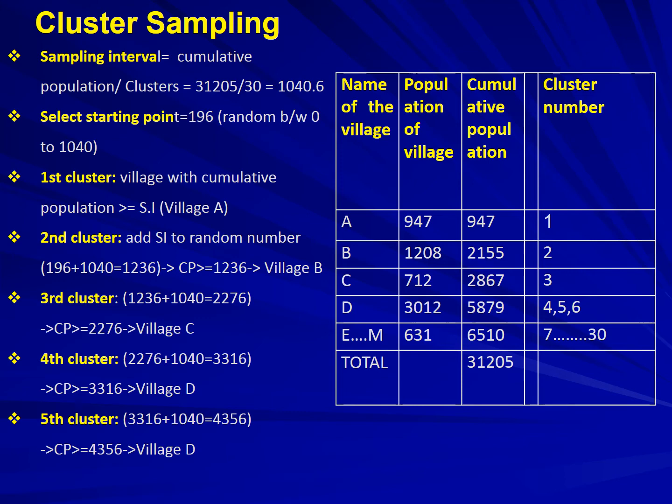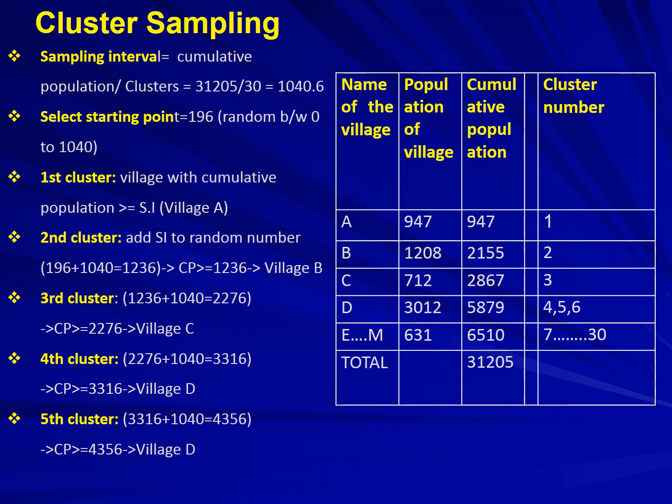Now how do we select that random number between 0 and 1040? You have to utilize a random number table, or you can use a lottery method, or you can use random number generating software.